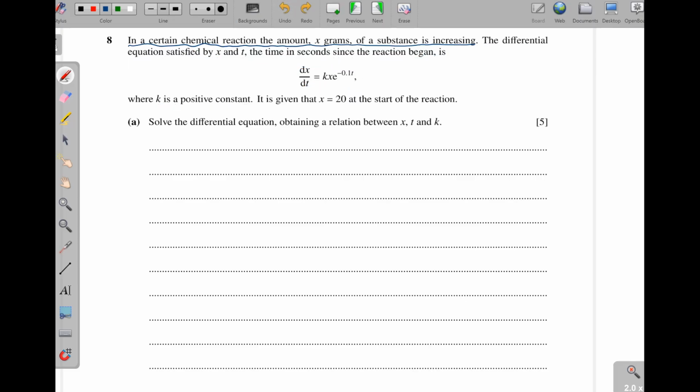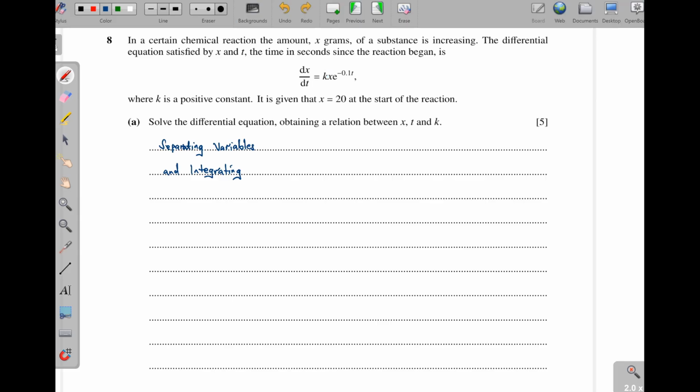Now, the first thing we do is, of course, to separate variables, and then we integrate. So separating variables and integrating gives us what? We have to put t on one side and x on one side. So I'll just cross multiply here.